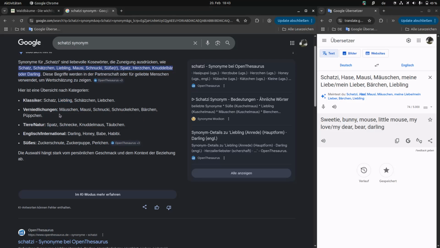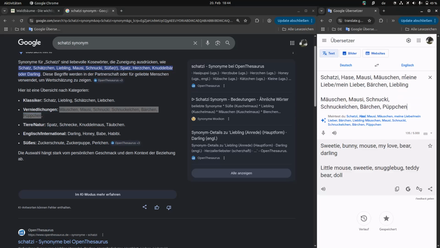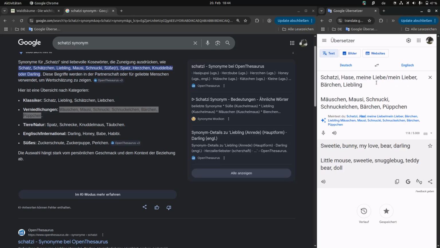Then we have more, this was what I was explaining earlier, more for little children, because you wouldn't necessarily say these types of things to someone. I mean, you could, but I don't think a lot of people do that. Even Hase, I don't think it's so much used.